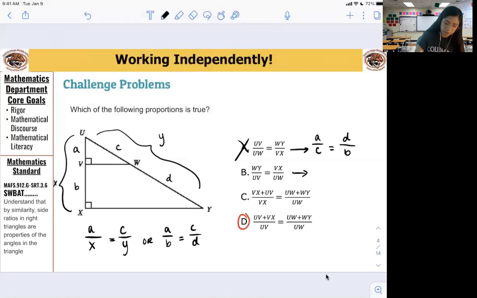D over A, and then B over C. So again, what happened here? It's kind of all out of order, right?